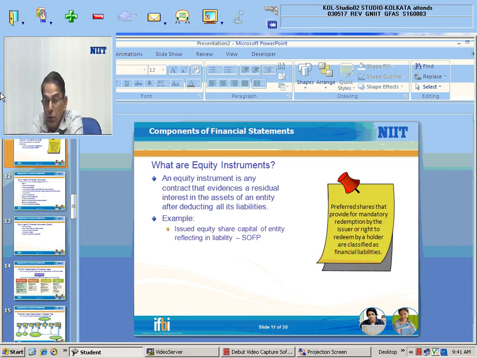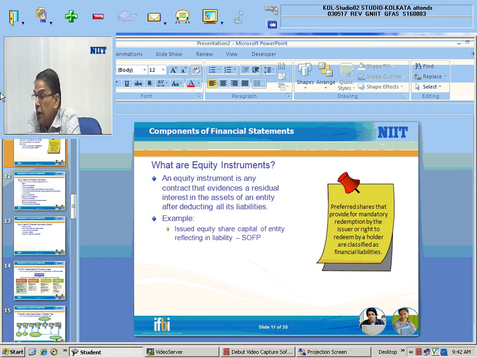equity instruments will include ordinary shares that cannot be put back to the issuer by the holder, and preference shares that cannot be redeemed by the holder or provide for non-discretionary dividends. There are different types of preference shares. Some preference shares cannot be redeemed by the preference shareholders. There are some preference shares which can be mandatorily redeemed, or the preference shareholders have the right to redeem.